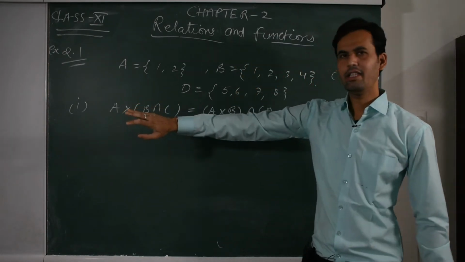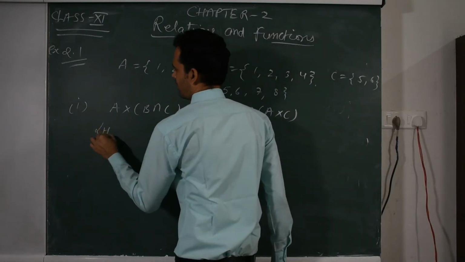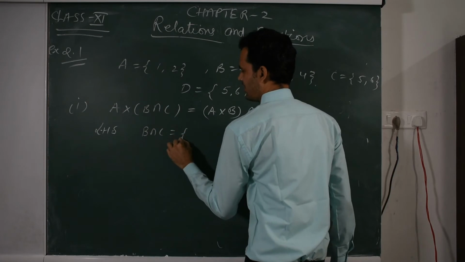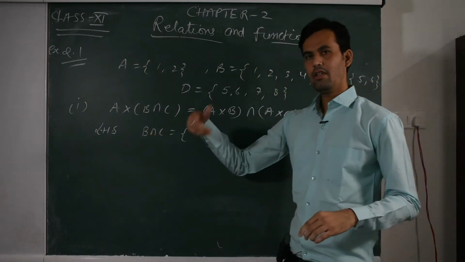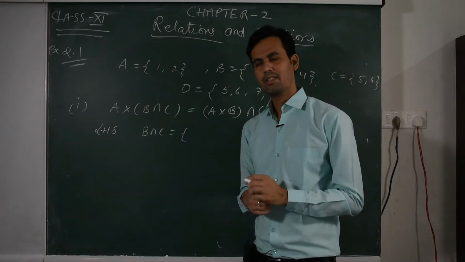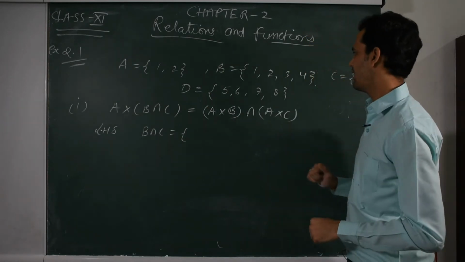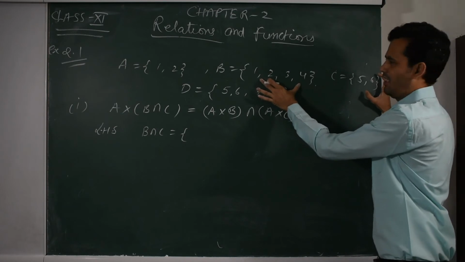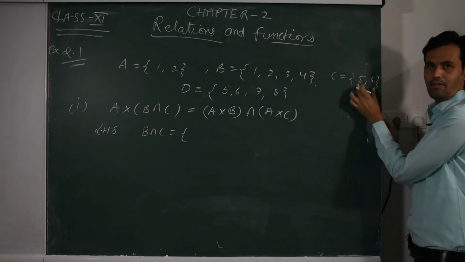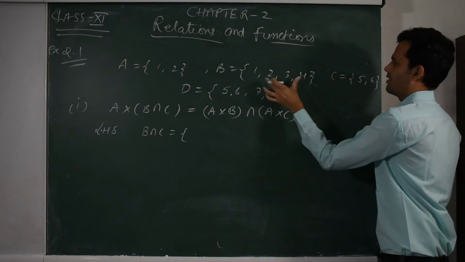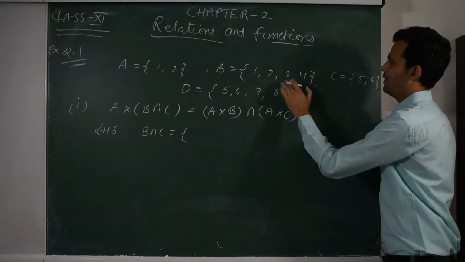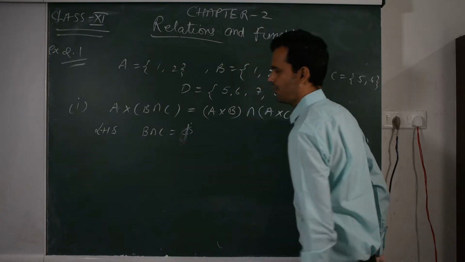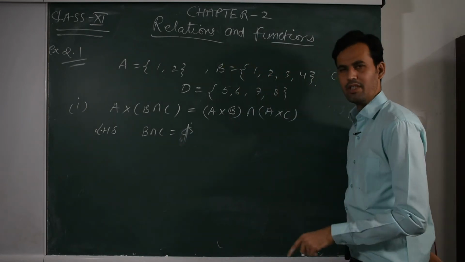So first we take the LHS. For the LHS, first we find B intersection C. B intersection C is from chapter 1, sets intersection. In an intersection we take only the common elements of both sets. This B set is {1, 2, 3, 4} and the C set is {5, 6}. There is no common element in B and C. So the intersection of B and C is phi, the null set or empty set.